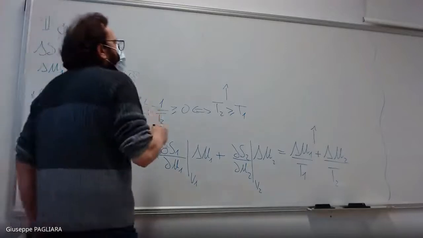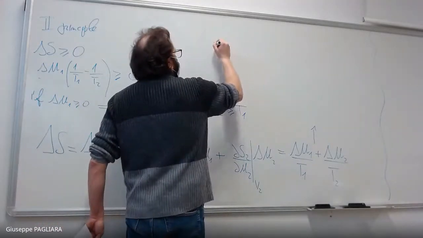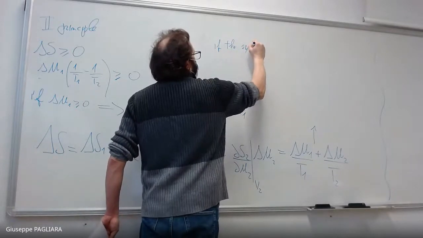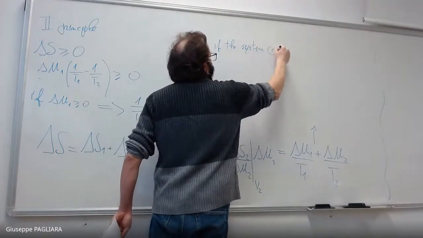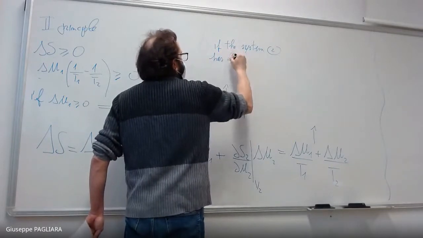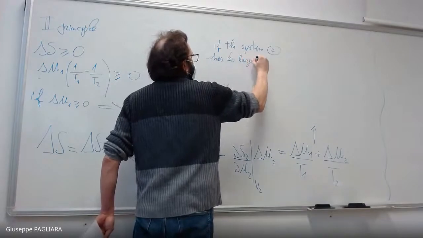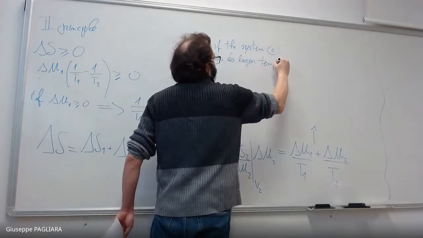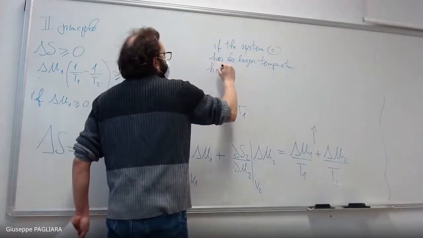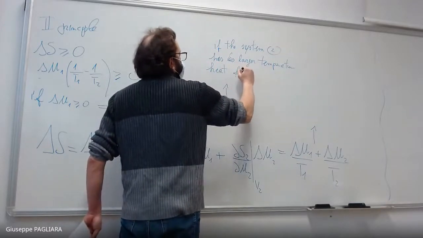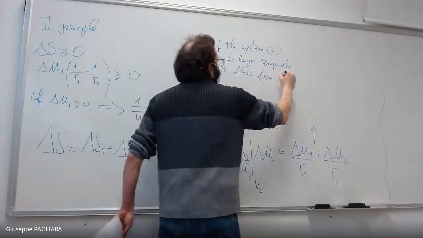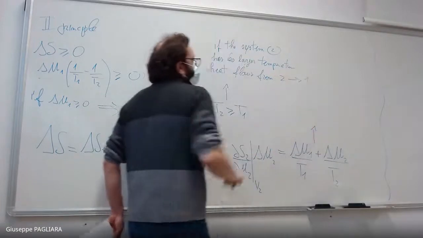So this is just telling me that if system 2 has a larger temperature, basically heat flows from 2 towards 1.